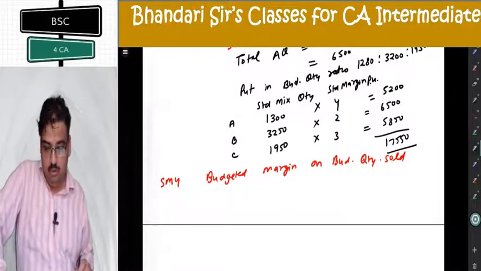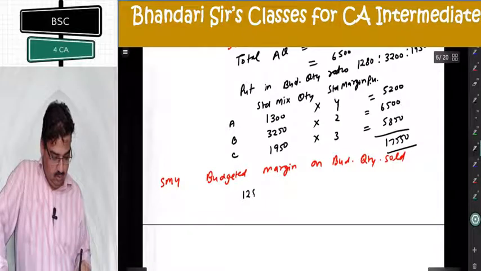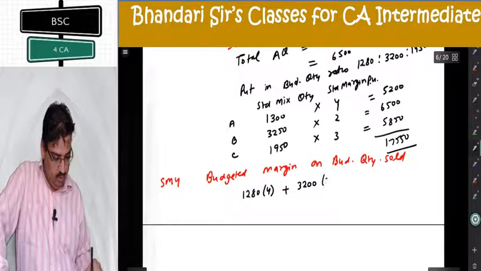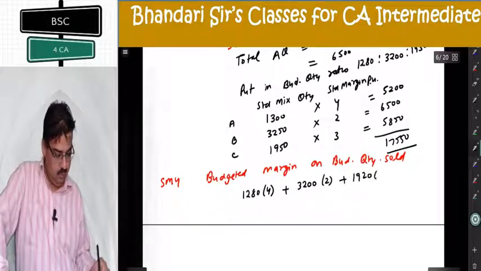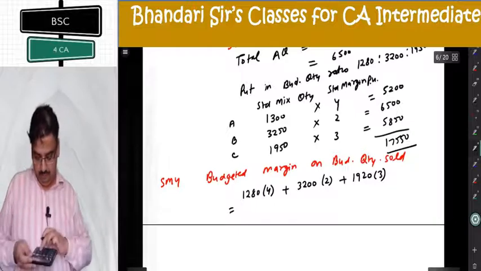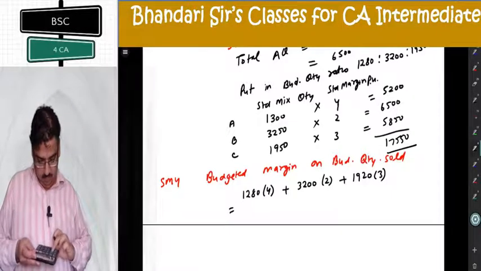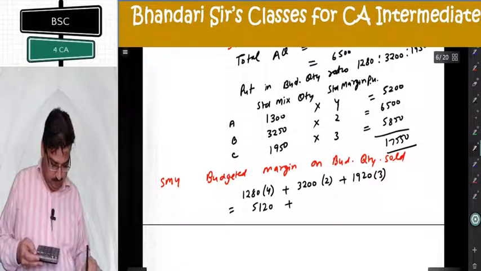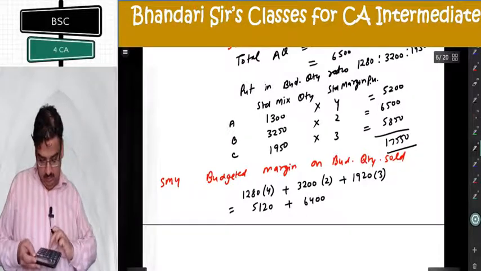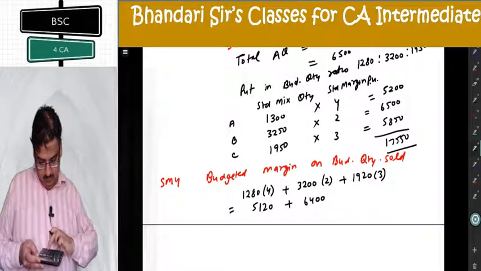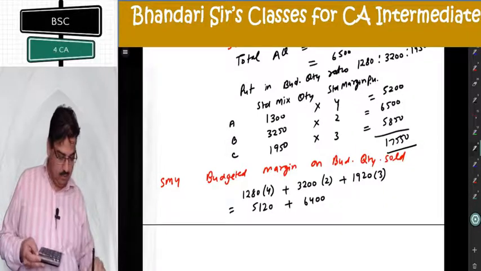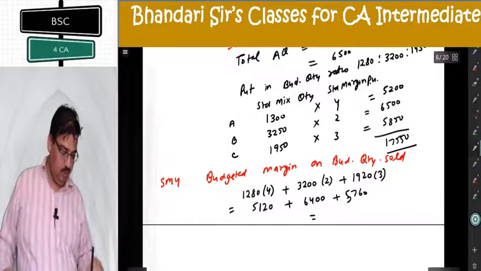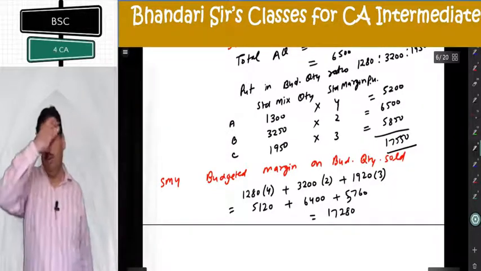What I am given, budgeted quantity is given there. 1280 into 4, 3200 into 2, 1920 into 3. 1280 into 4, 5120, plus 6400, 1920 into 3, 5760. The aggregate 17280. I've computed all the steps.